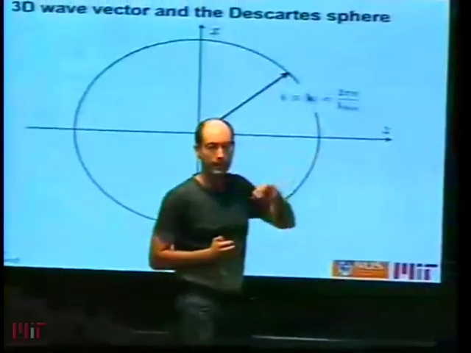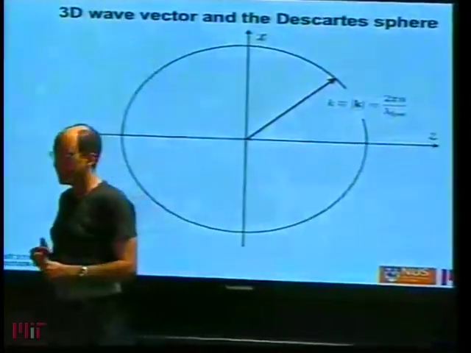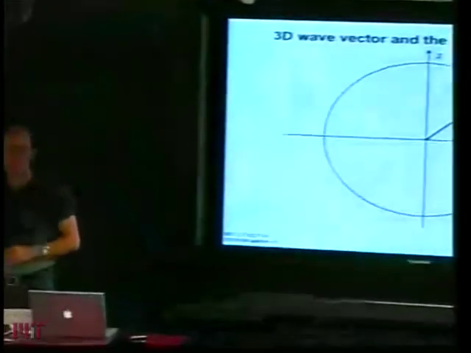And in geometrical optics we said that the radius of the sphere equals 2 pi upon lambda. This is now what in our new language we call the wave number, times the index of refraction n. Now this is something that I haven't told you yet, but I will tell you later today. In this equation, I haven't said anything about index of refraction.